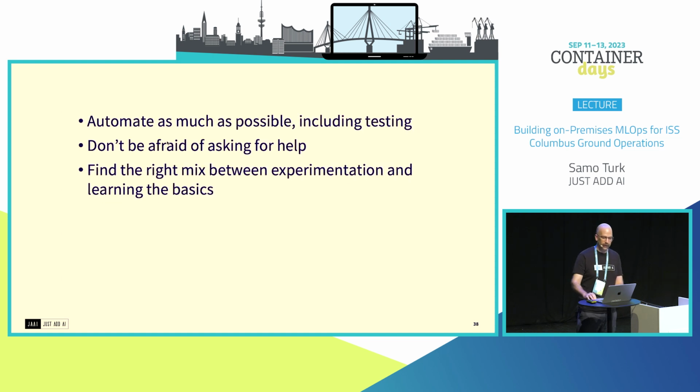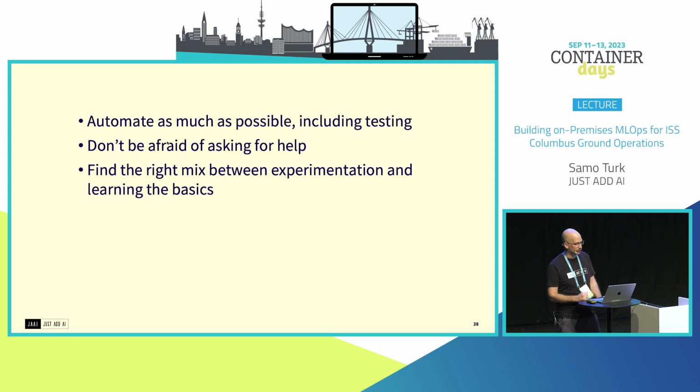Okay, summary. Key takeaways: automate as much as possible, including testing. Don't be afraid to ask for help. I didn't mention, but most of those projects that I mentioned have either Slack workspaces or channels or whatnot. Just join them. There's plenty of people there willing to help. Nowadays, also us, right?